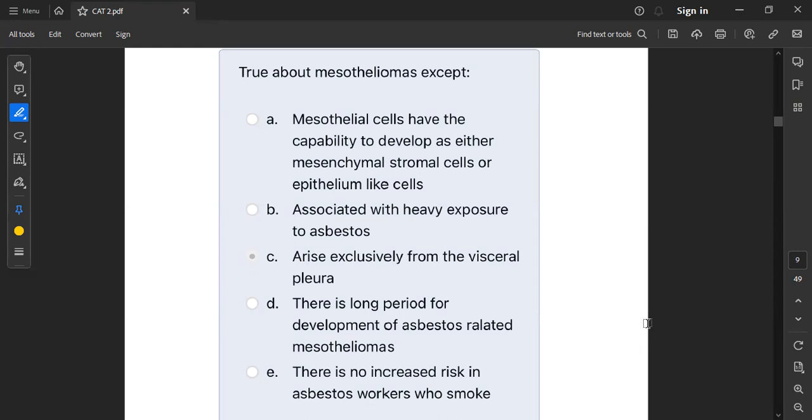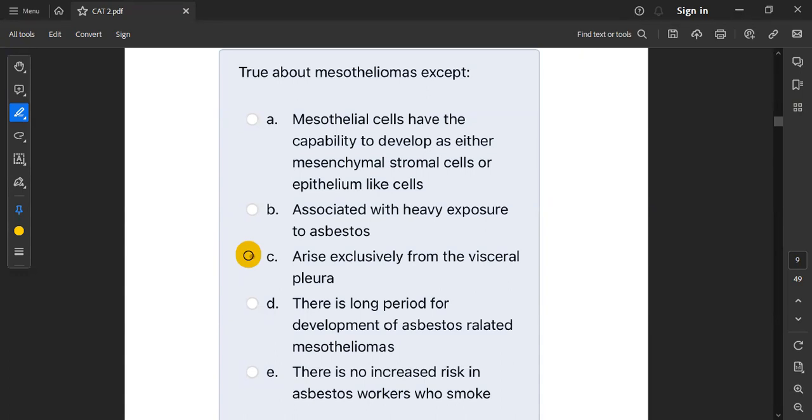So someone says C, arise exclusively from the visceral pleura, which is the correct response. Usually they arise from either the visceral pleura or the parietal pleura, right? A confusing choice that most of us might go for is E, there is no increased risk in asbestos workers who smoke.